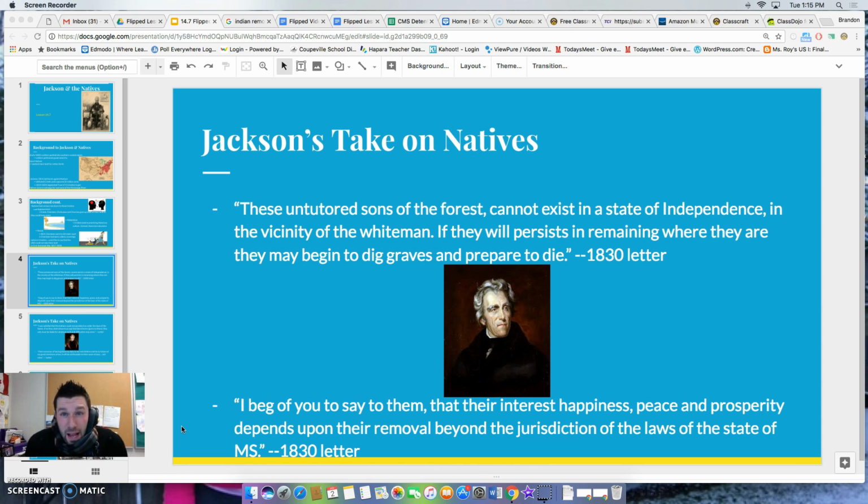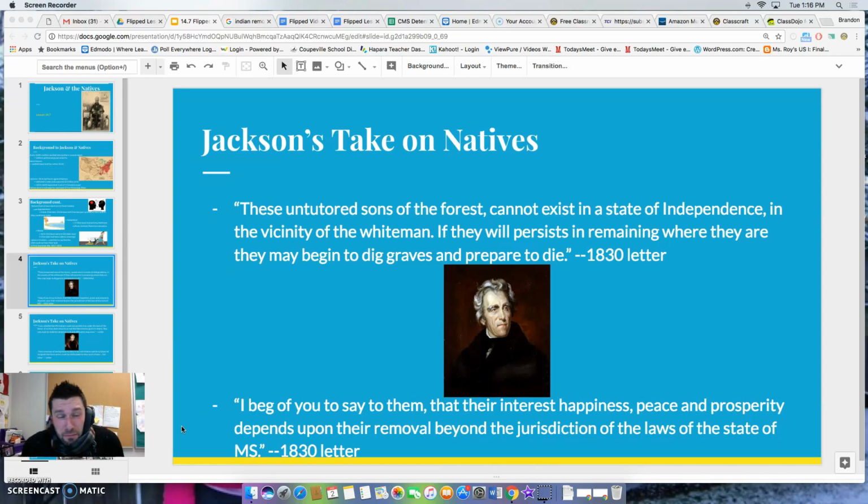Here we go. I beg of you to say to them that their interest, happiness, peace, and prosperity depends on their removal beyond the jurisdiction of the laws of the state of Mississippi. Yeah.